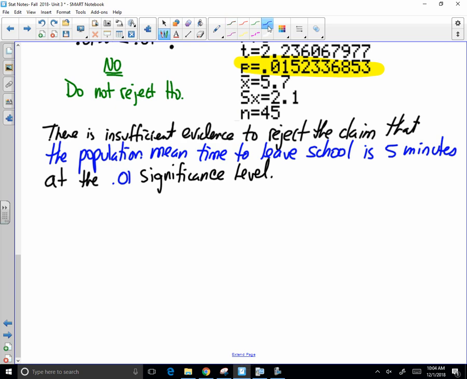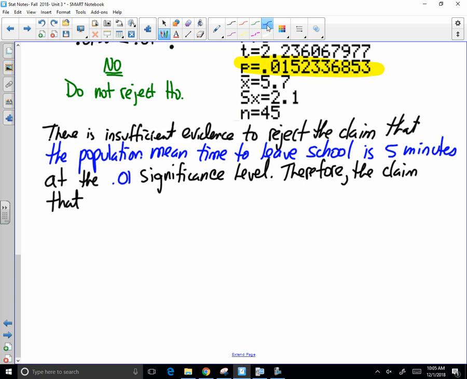Now, the question was asking us whether or not it took longer for folks to leave school than that benchmark of 5 minutes. So the second sentence is required. Therefore, the claim that, so we want to state the alternative in words, and that was mu is greater than 5. We could write the population mean time to leave school is more than 5 minutes, but we've already established what mu represents in this situation.